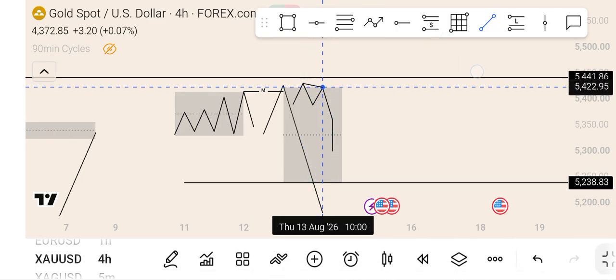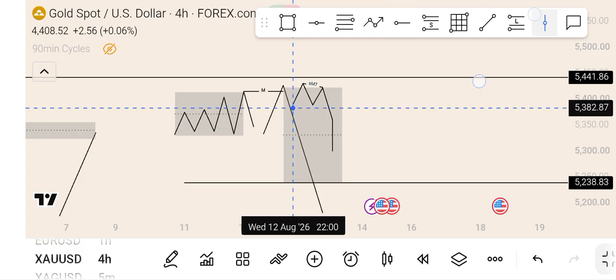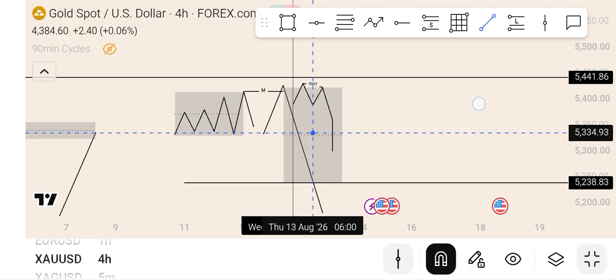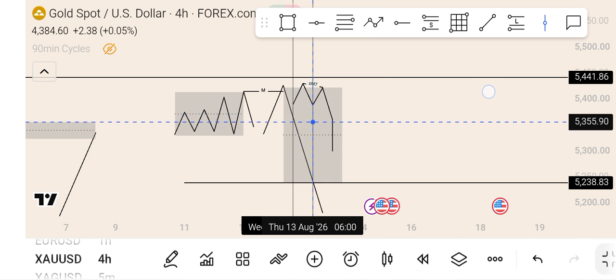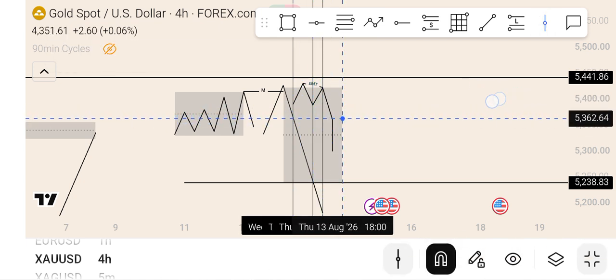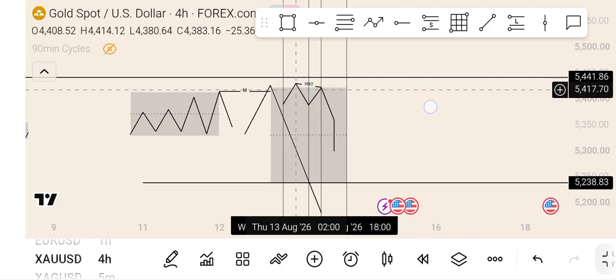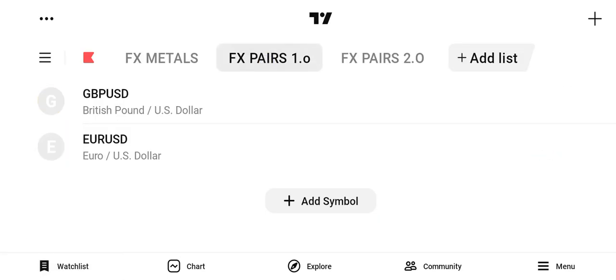Remember, we have 4 quarters: first quarter, second quarter, third, and fourth. So this looks like an SMT inside of this intraday. Let me show you an example. On GBP USD, that's what I caught.